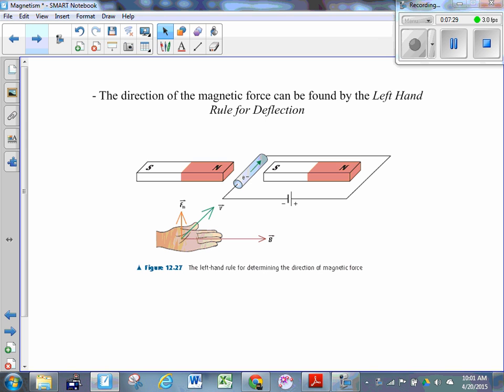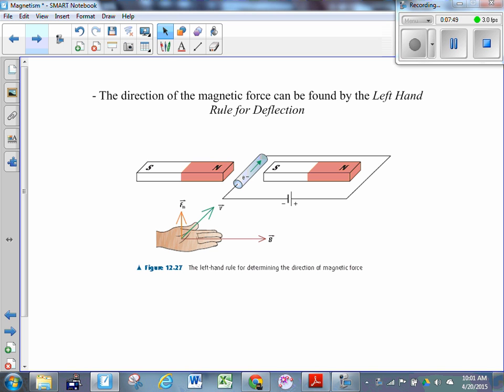Now, how do we figure out which way the force is? You don't even need to write this part down if you don't want, because in the end, we've already done it. If a particle experiences a force downward by the hand rule for deflection, then the wire will also experience a force downward. If the particle experiences a force upward, then the wire will experience a force upward. We're going to use the hand rule for deflection.